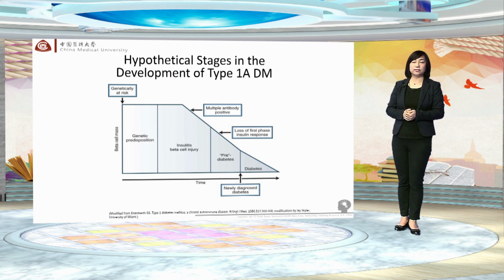Before the onset of diabetes, the patient only has genetic predisposition, and the number of beta cells is normal. A variety of factors lead to the appearance of antibodies, which can cause beta cell injury, and the number of cells will decrease. If it does not match the body's demand for insulin, blood sugar will gradually increase, first with pre-diabetes and later with clinical diabetes.